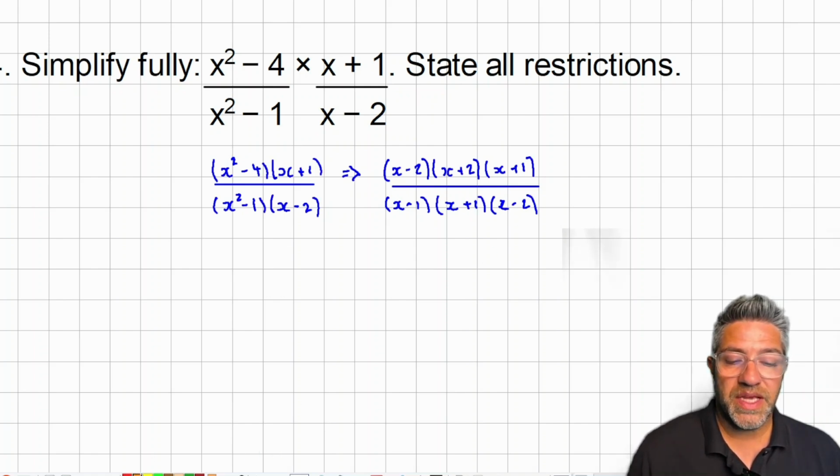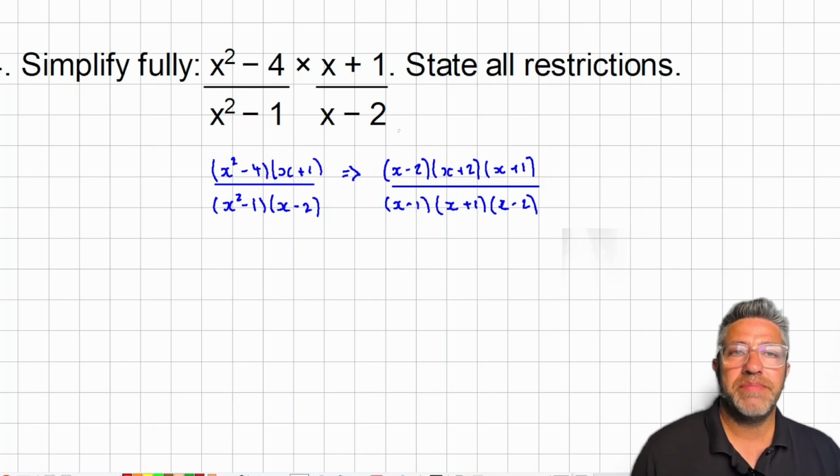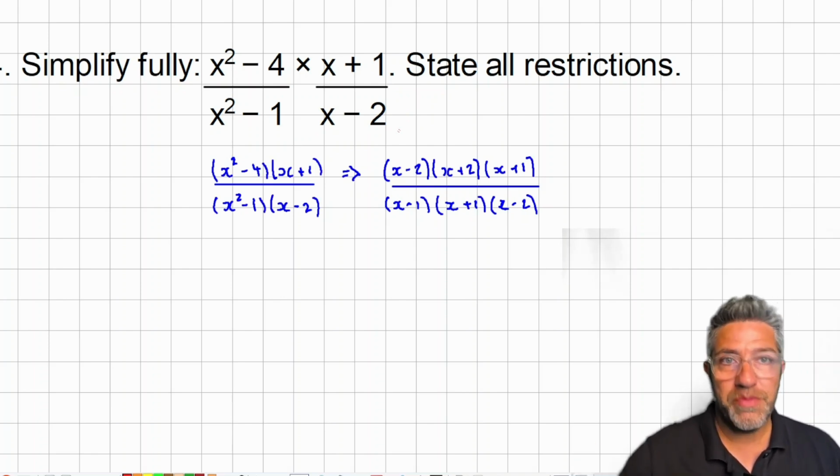At this point, I take my different coloured pen ready, and I'm hoping to be able to cancel out any corresponding terms that appear in the numerator and the denominator. So the first term, x minus 2, yes, it does have a corresponding term. X plus 2 does not have a corresponding term.